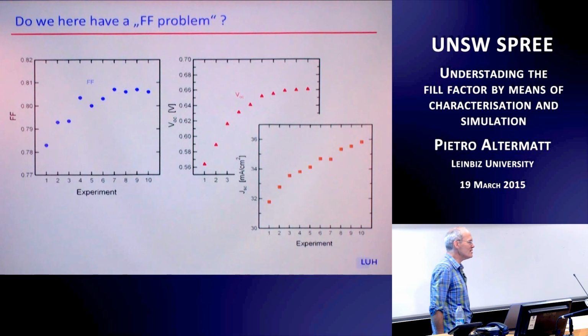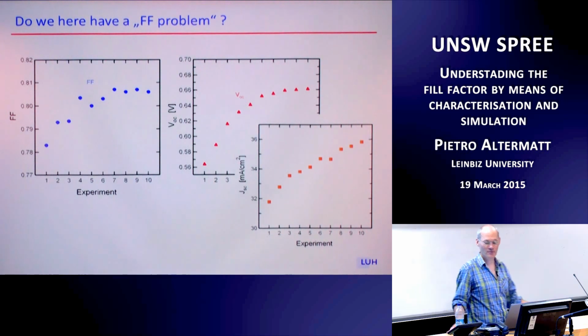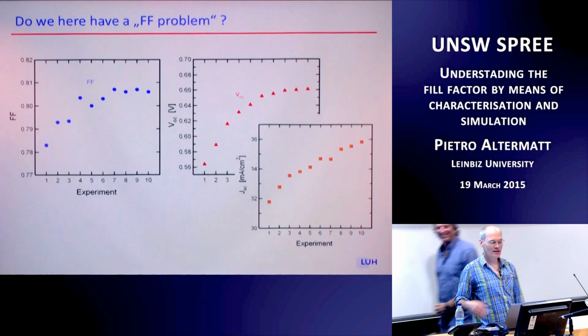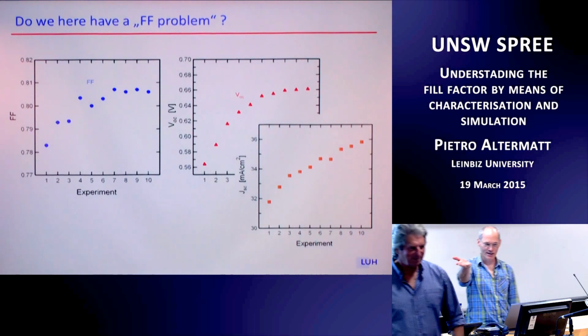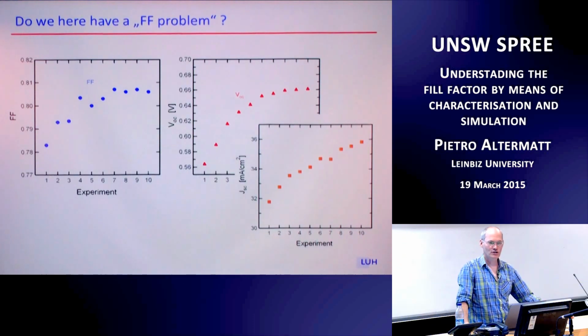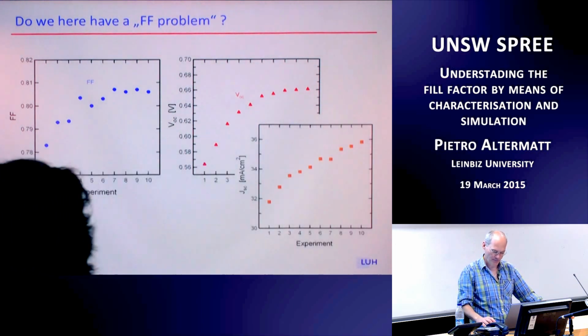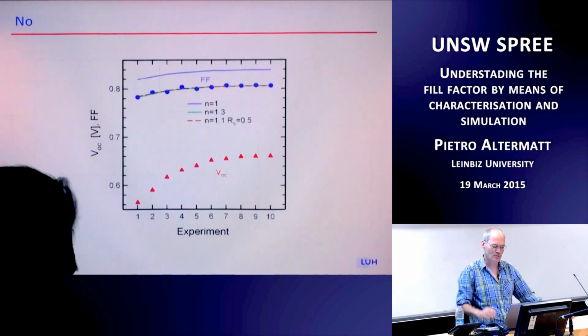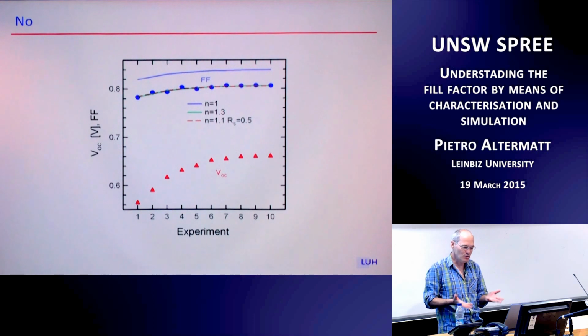Okay, so I hear yes and no and whatever from the audience. It's not quite obvious. The way I would approach it, hi Martin, is to take his formula and try to fit the behavior with the dependence on VOC. You can do that in various ways.